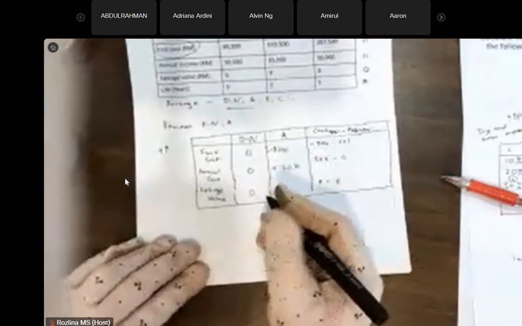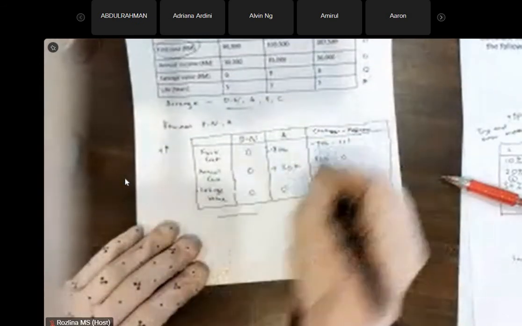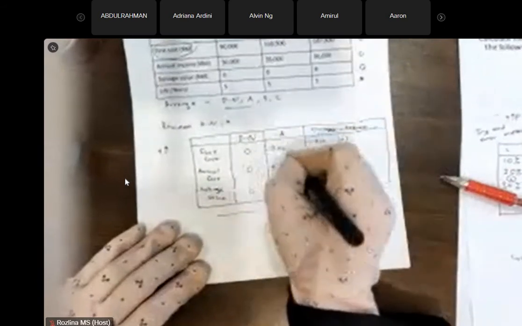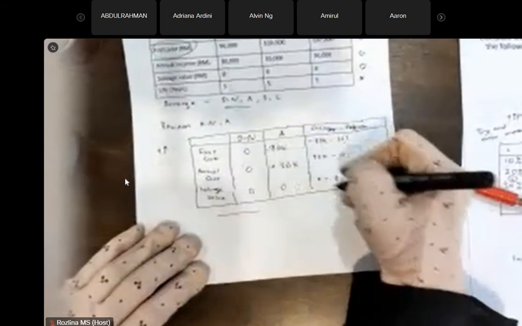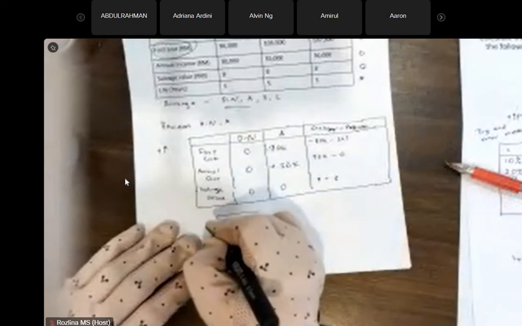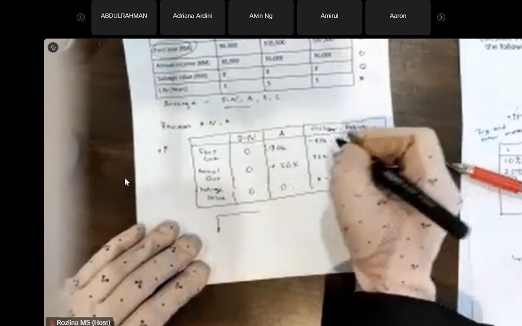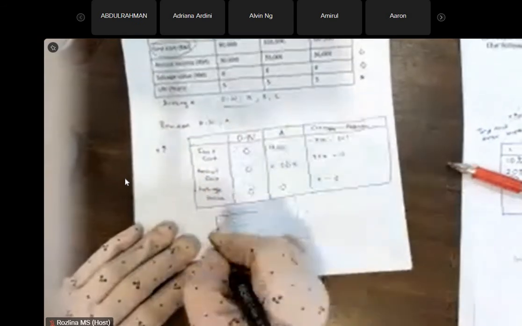After doing these two processes, you will draw for this part. The first cost is 90k.